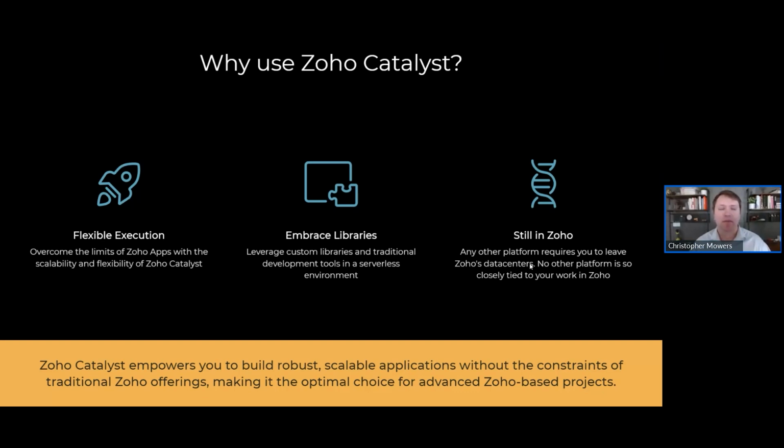And so I have found that Catalyst is an excellent place to go when I have automation requirements that cannot be accomplished in Deluge. I think the first few years of my career working with Zoho, I was very proud of trying to find creative workarounds in the Deluge environment. And I think a lot of us probably do that.